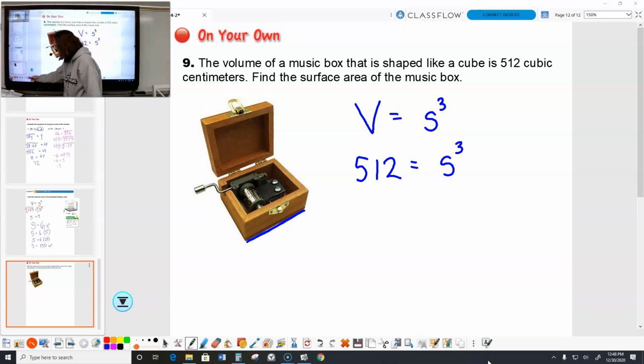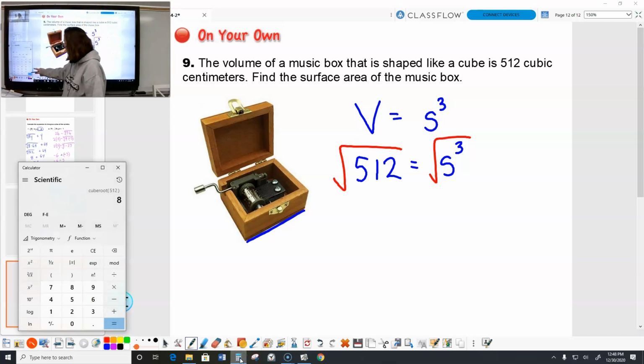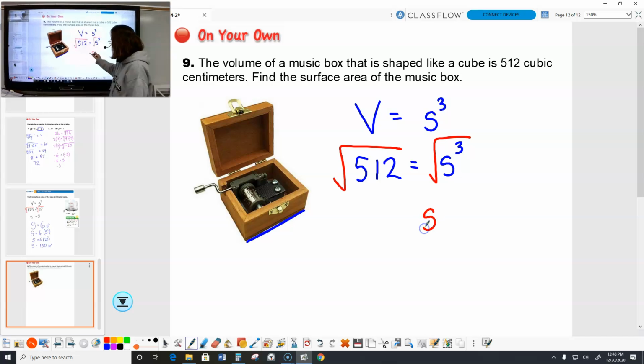So I'm going to take the cubic root of both sides. All right, what is the cubic root of 512? Oh, it's already in. We've done this one, haven't we? I can see it's in the calculator. Let's pretend it's not in the calculator. All right, so 512, and I take the cubic root. It's 8. All right, so that means the side is equal to 8. But I'm not looking for the side, I'm looking for the surface area.